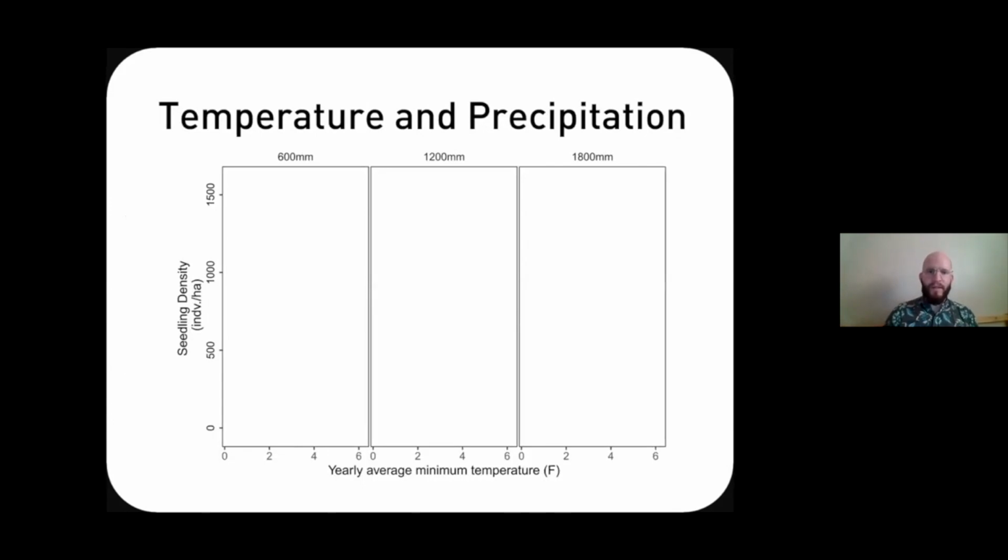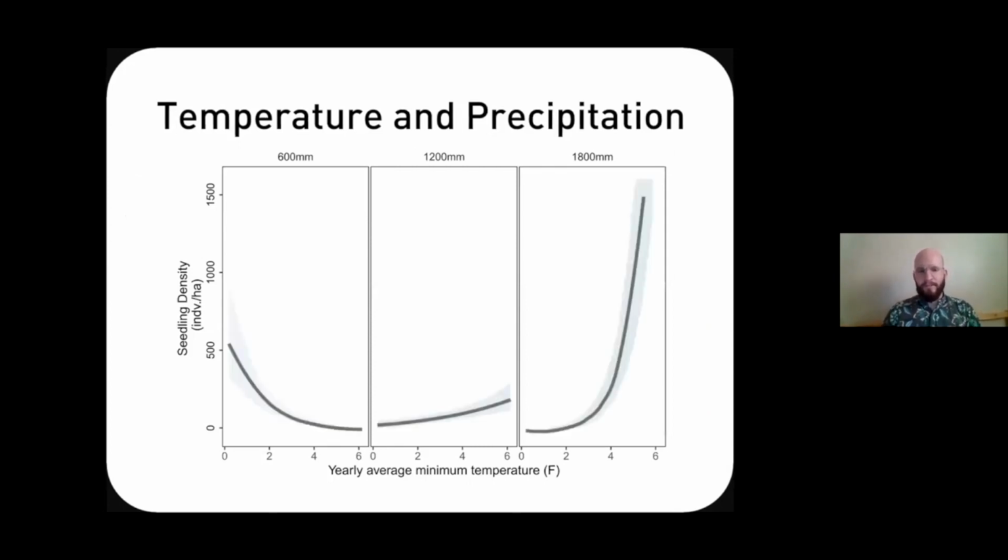So for climate, there's the interaction between minimum temperature and precipitation. On the x-axis, I have the yearly average minimum temperature, and then I have 3 panels that represent dry, moderate, and wet for this region's precipitation.